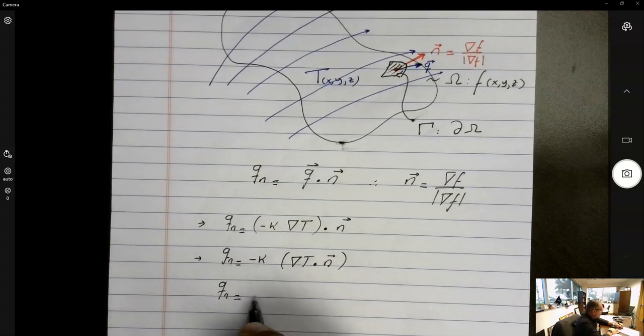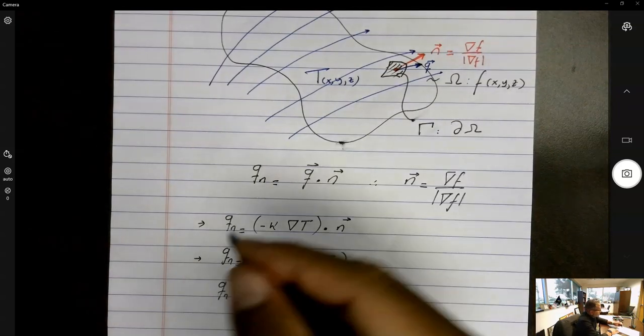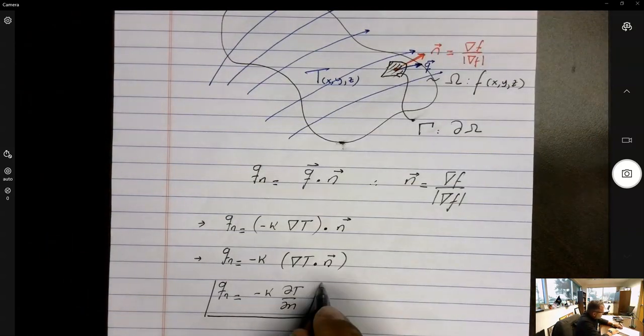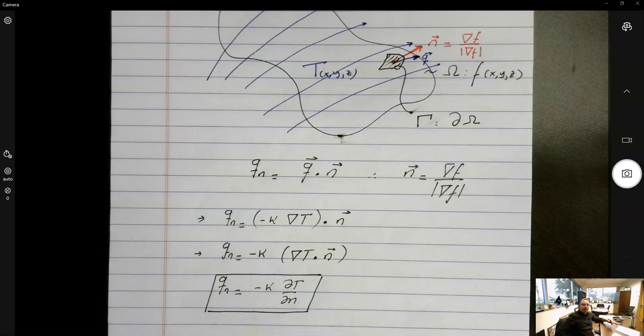So the normal heat flux is minus K times the normal derivative of the temperature at a point normal to the surface of this region. Okay, so this is just an illustration of how this concept of normal derivative will be used.